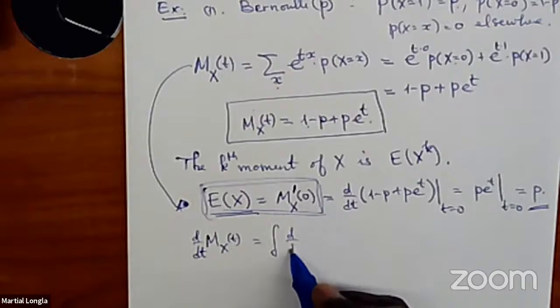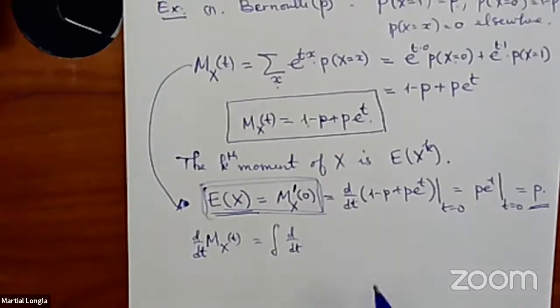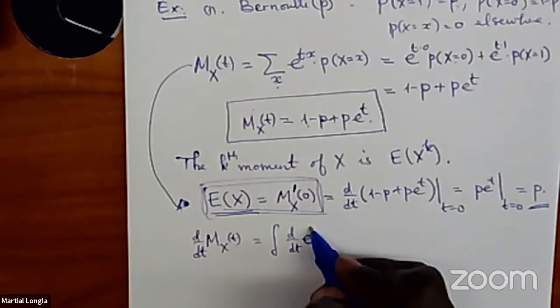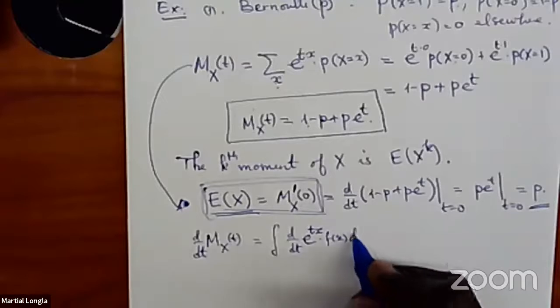I can switch this with the derivative because we have absolutely integrable functions, where the integral of the absolute value is finite as well. In that case, you can switch the integral and the derivative. And that becomes the integral of the derivative of e to the tx times f of x dx.